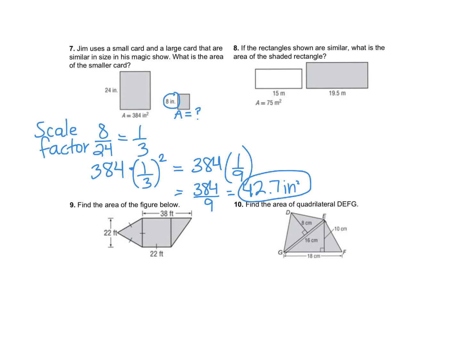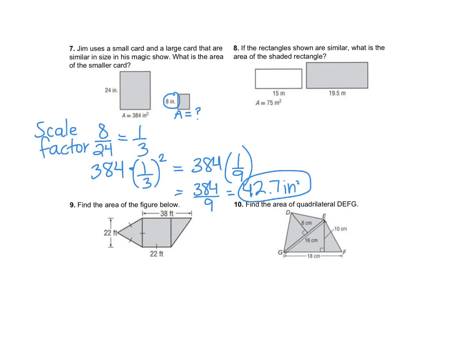So that's the process that you would use, and you would use the same process on number 8. So if you were to pause right now and try to do number 8, you should get an area of 126.8 square meters.